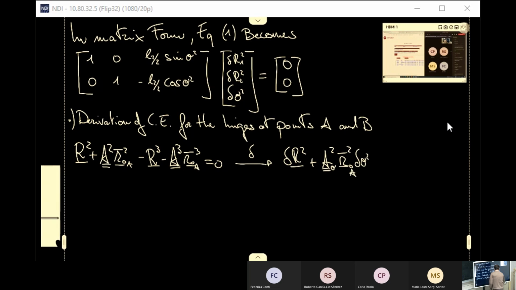It's just changing the point of application. The only thing that changes is actually this R0, 2, because now it's of point A. It's going to be plus L2 divided by 2. And then for point B, exactly the same, just a change in the subscript.